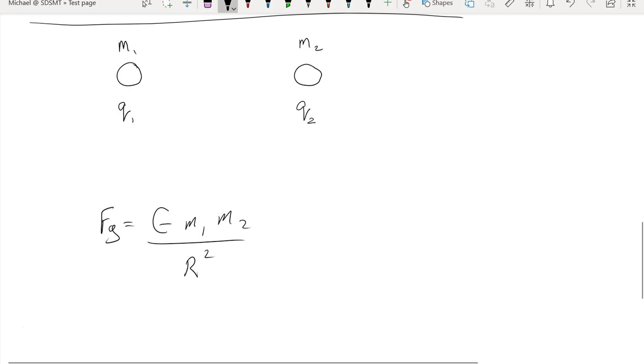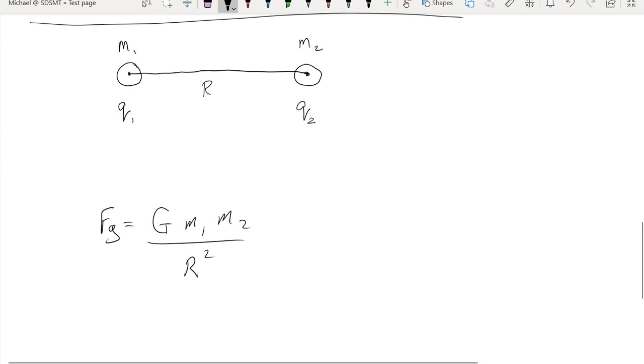So mass 1 and mass 2 are the two masses respectively. G was the universal gravity constant, and R was the center-to-center separation distance between the two masses.